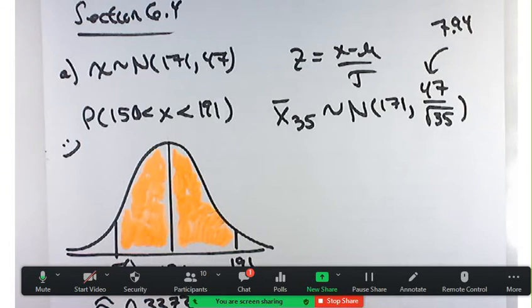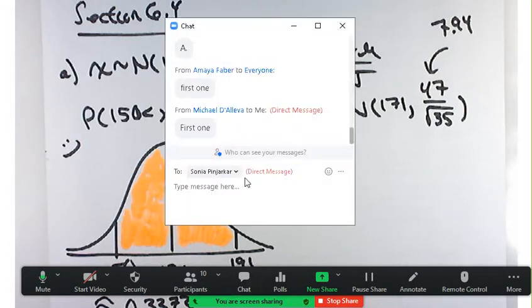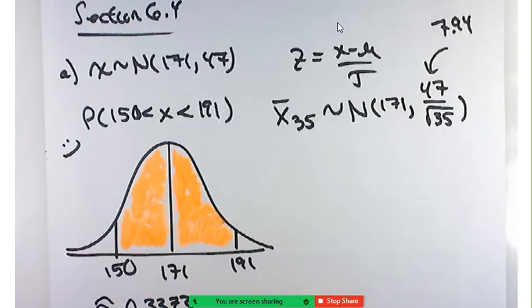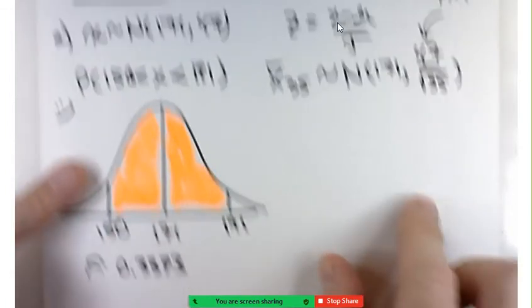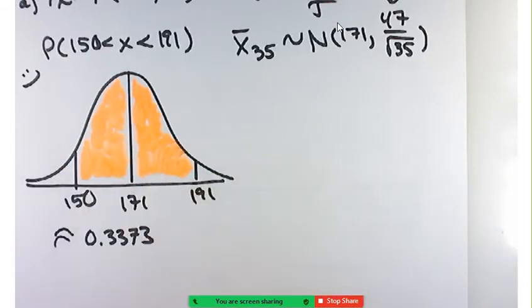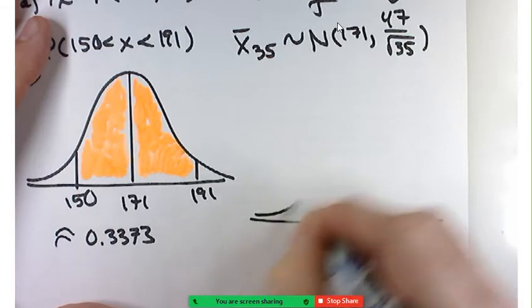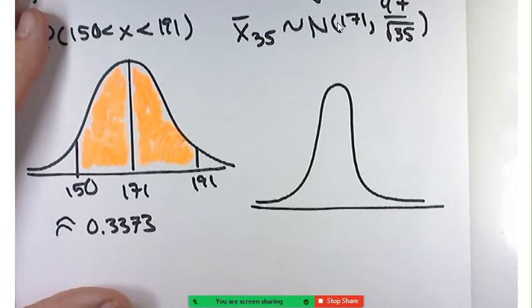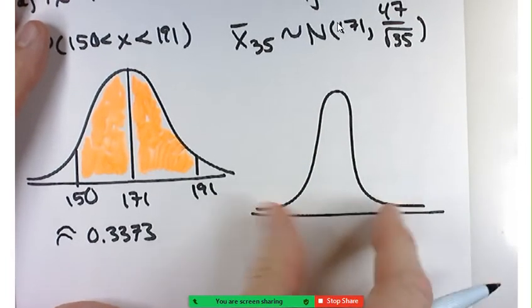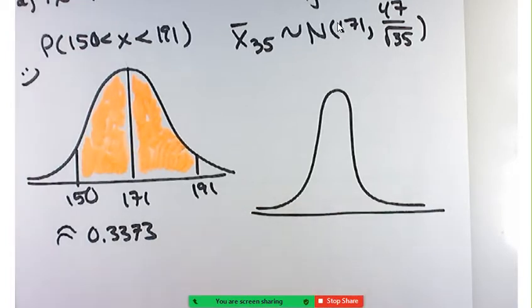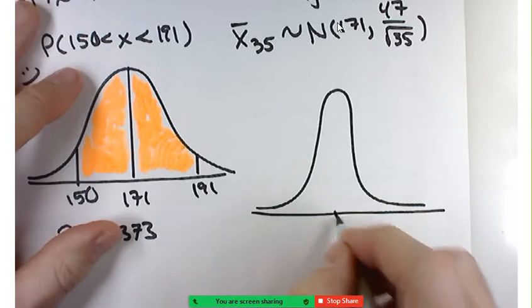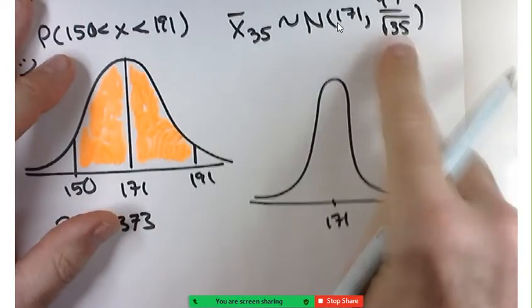So if I was trying to draw this to scale and draw it somewhat accurately, my distribution here should be skinnier. Now, I don't really have a good way of trying to draw this with any accuracy. So I'm just going to try and convey the spirit of what's going on here. That's the spirit of it. This distribution is much tighter around its population mean, which is 171, as opposed to our other distribution.